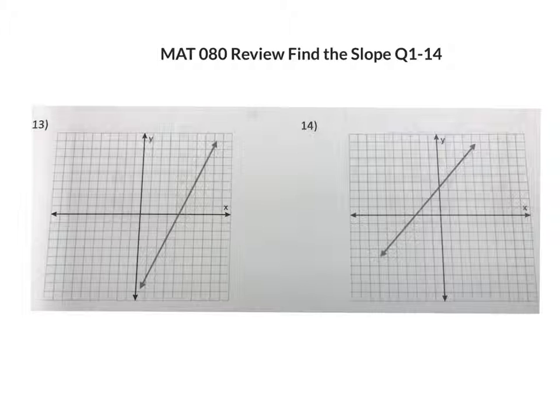Question number 13 and 14, you're going to find points exactly on the line. Here's a point. And I think if this is straighter, this point should be right here.